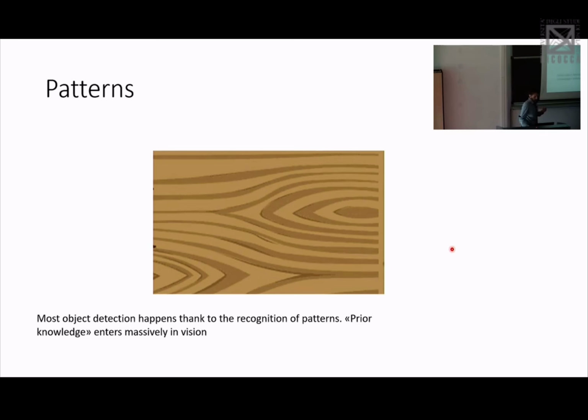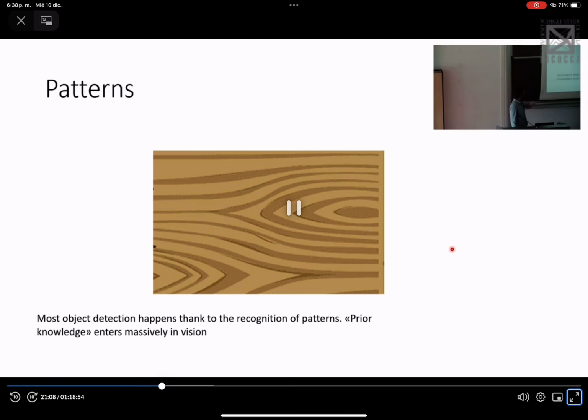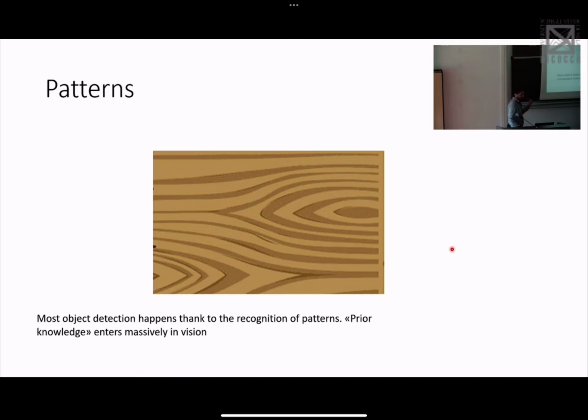The next thing our brain really focuses on is patterns. If I ask you what this is, of course, you don't have any clue. If I do this, it's really a cartoon sketch. It's not even a picture. You can always say this is a raw piece of wood, even if it's a really poor quality drawing.